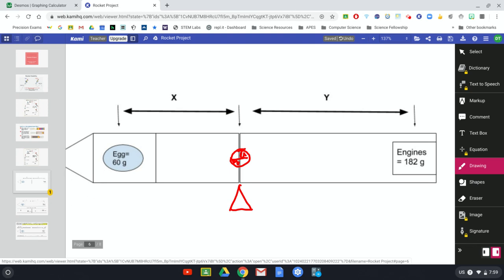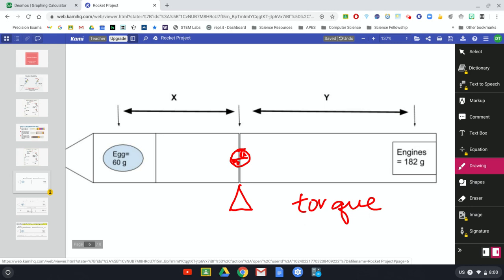And what we're really balancing there is something called torque. Torque is the natural rotation of an object around a point. So in this case, we're talking about rotation around the balance point or the center of gravity.